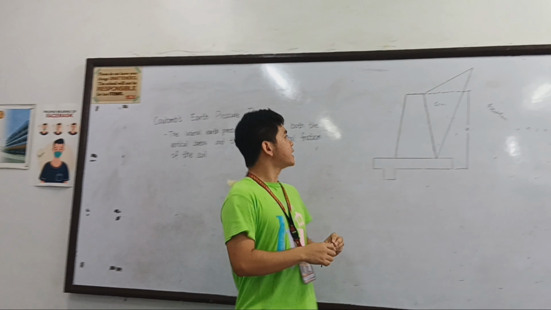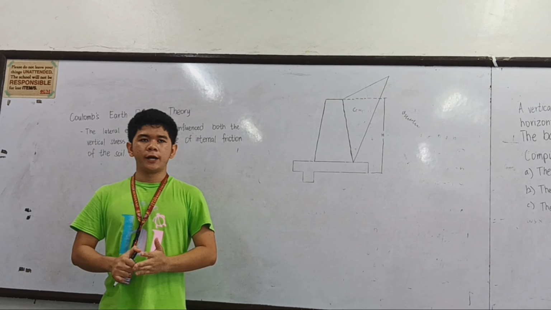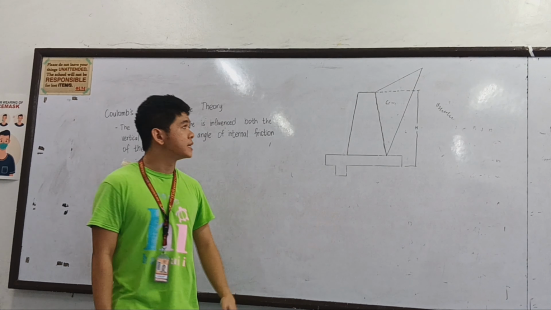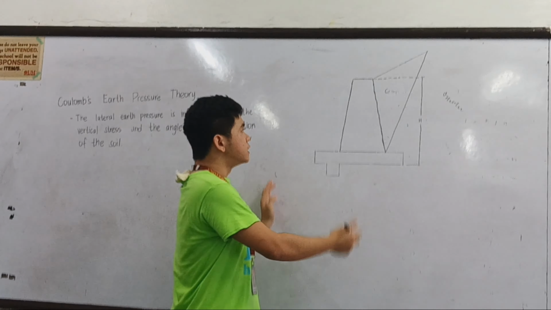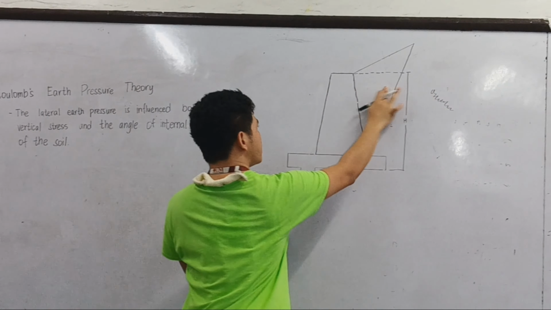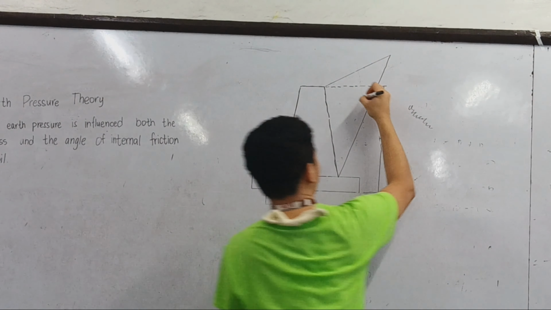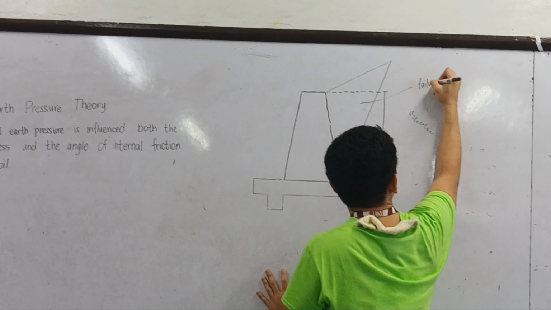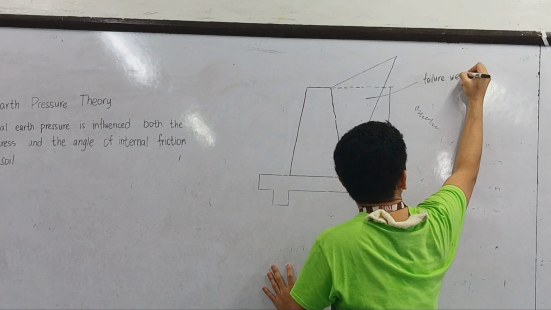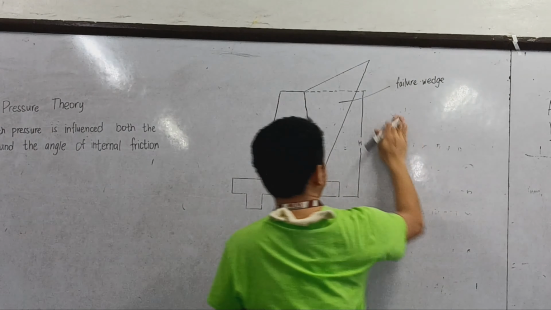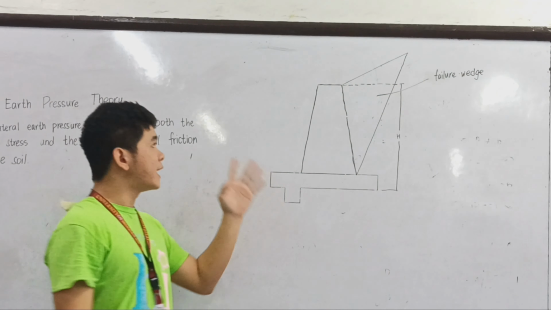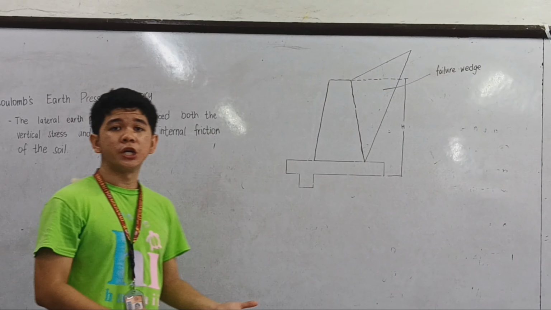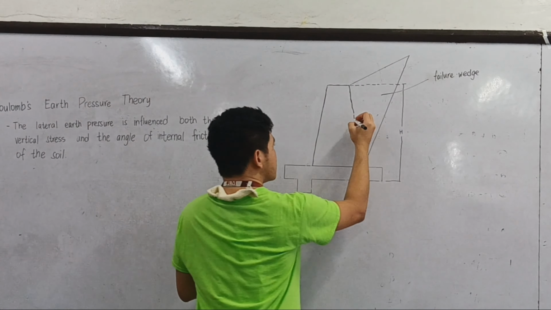So here is the illustration of our retaining wall with the soil. Here in the triangular plane, this is what we call the failure wedge. This failure wedge indicates that this is the one that gives active pressure to the wall.